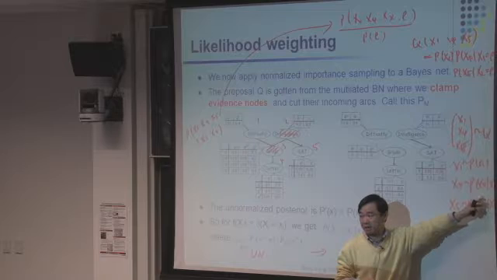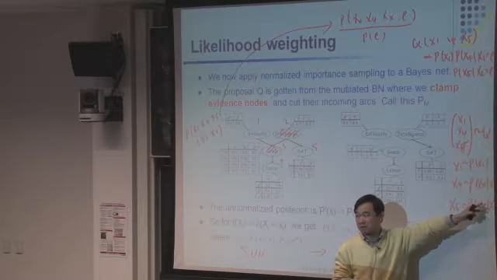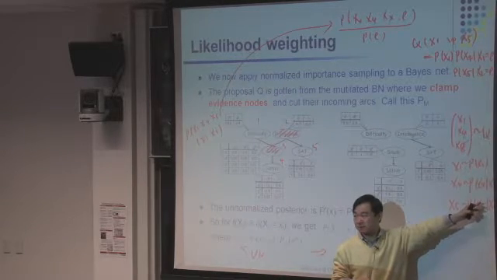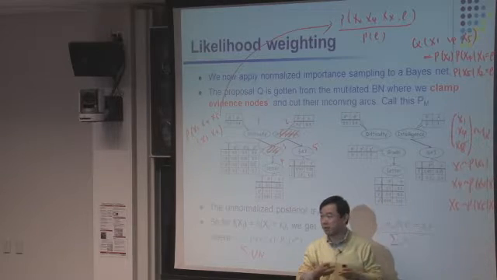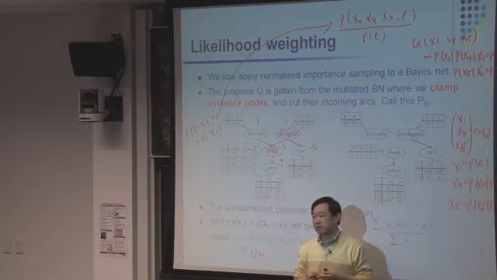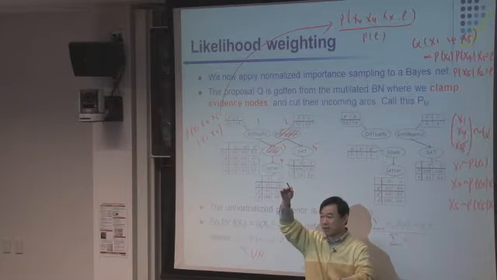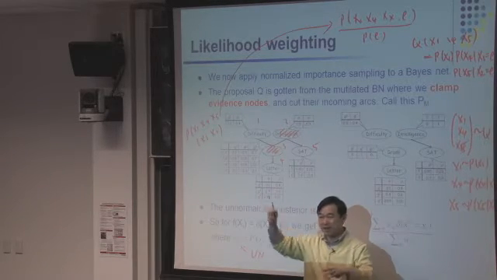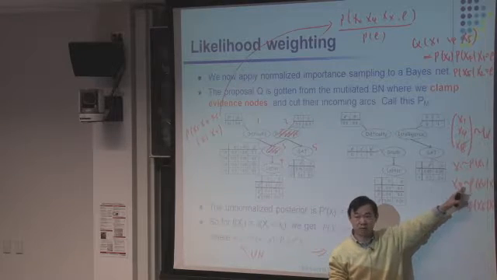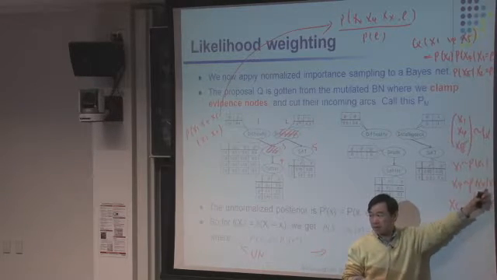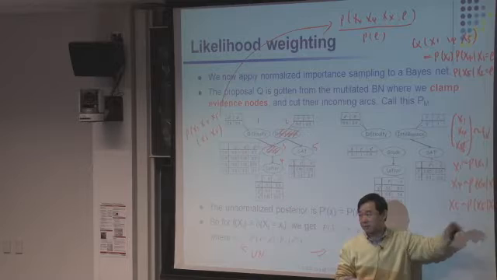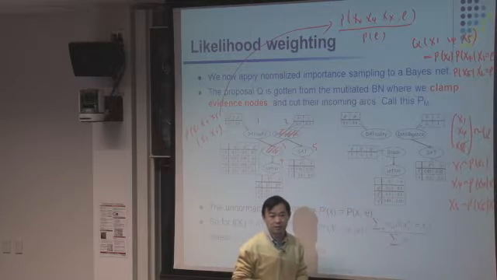You're not going to see many samples that disagree with your evidence. Remember in our previous example, we wanted the conditional probability of J given B equal to 1, and in the table there was just one row equal to 1. Here your sample is generated by already clamping to your evidence, so you're not going to run into that problem.